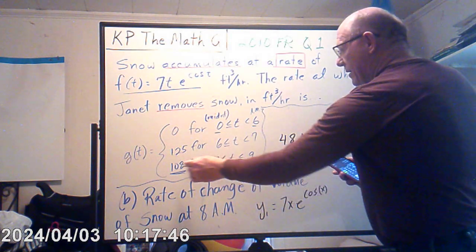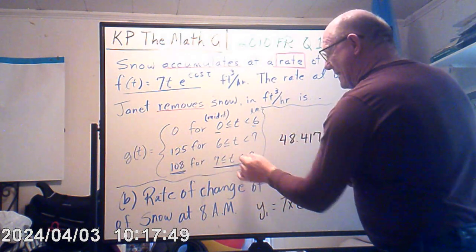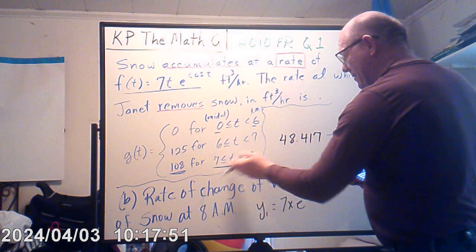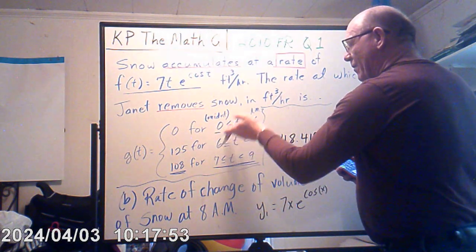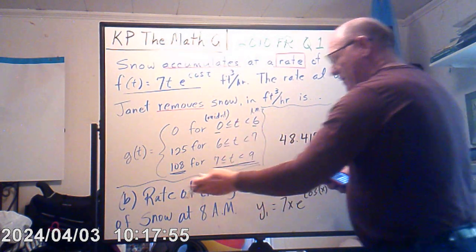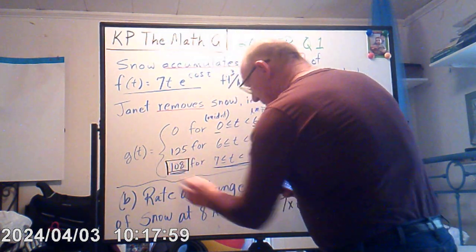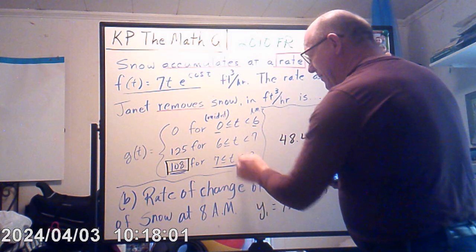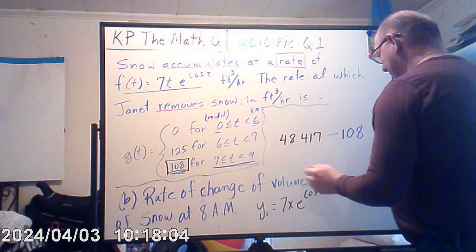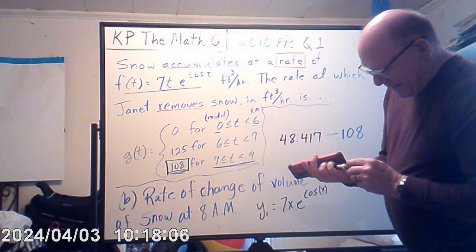I already know what the rate is at t equals 8. The piecewise tells me to look at this. So this is the number that's associated with this 8 here. So this is minus 108.